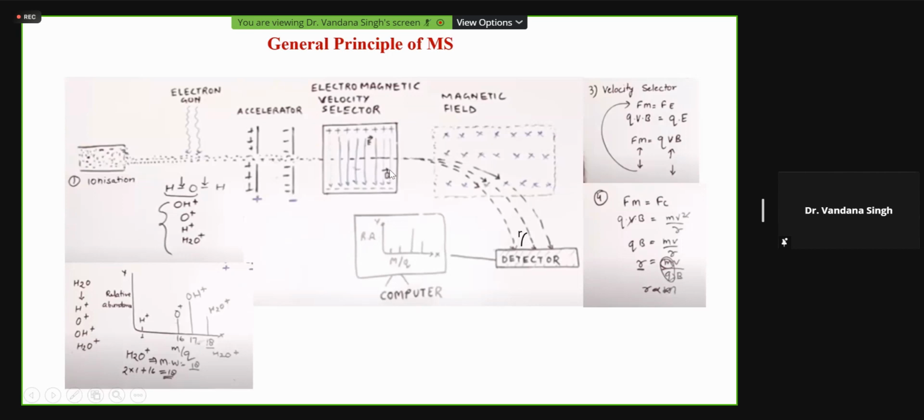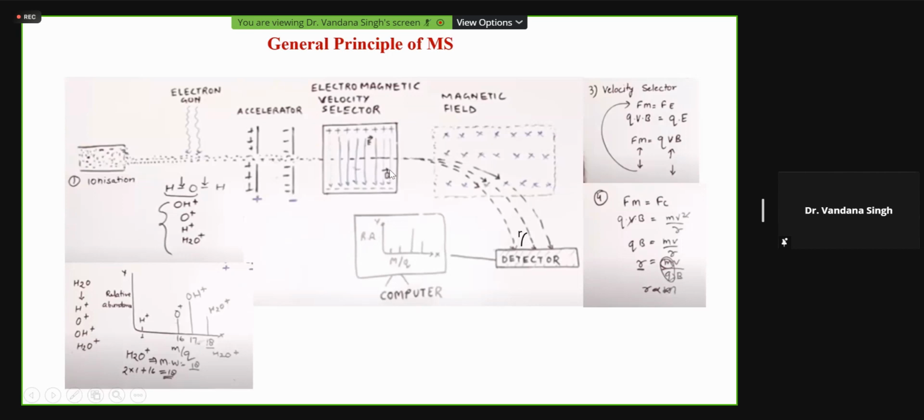So this kind of analyzer is also called high pass mode, where the higher molecular weight molecules leave late as compared to the smaller mass.